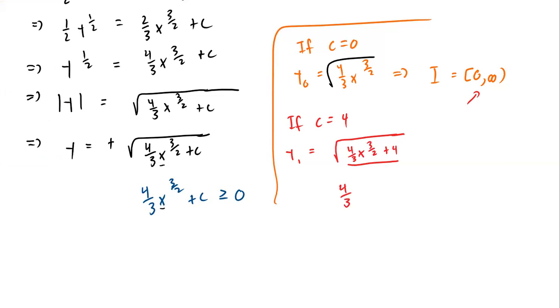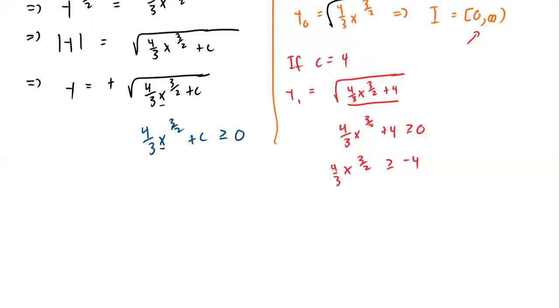So basically, we need 4/3 x to the 3 halves plus 4 to be greater than or equal to 0. Subtract 4 from both sides. 4/3 x to the 3 halves is greater than or equal to -4. Multiply both sides by 3, divide by 4. x to the 3 halves is greater than or equal to -3, okay?